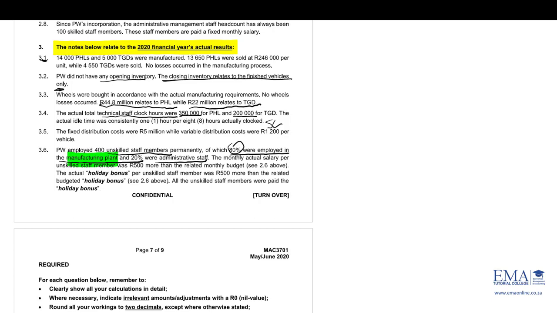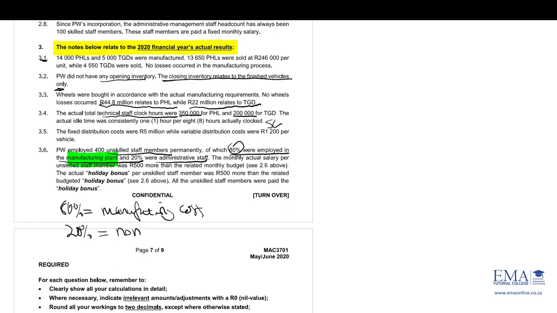So it means 80% of that equals a manufacturing cost. And then the 20% becomes what? Becomes non-manufacturing.